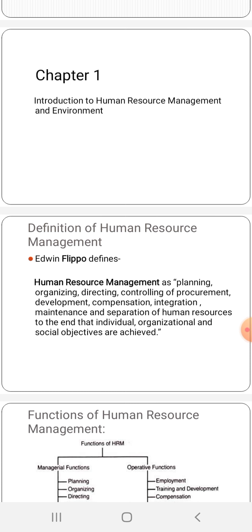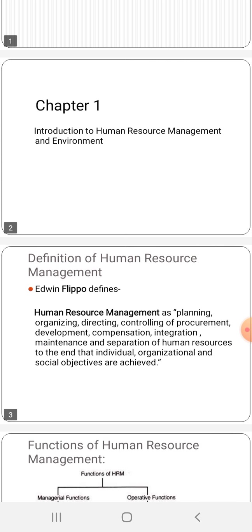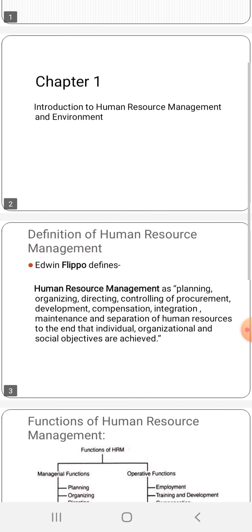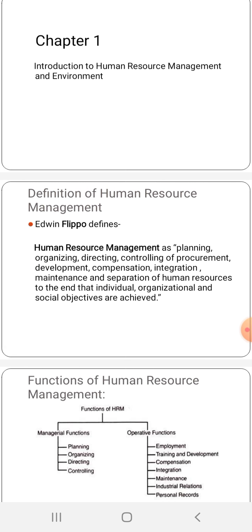When we are talking about the organization goals, the organization sets the goals which include survival in the market, growth, development, profitability, productivity, innovation, excellence. As human resource management, we should be able to manage all these things, right?